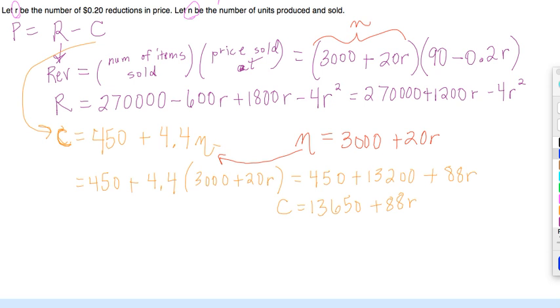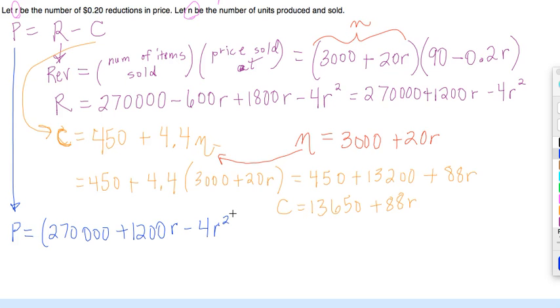So the profit is revenue, which is over here, 270,000 plus 1,200R minus 4R squared, minus the cost, 13,650 plus 88R. Simplify this.